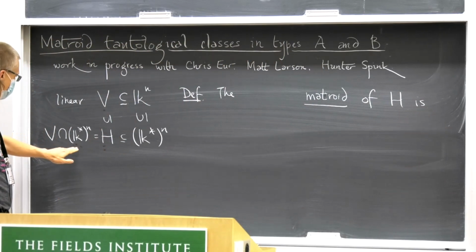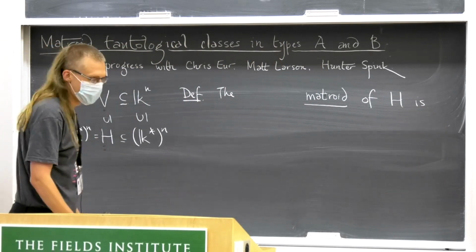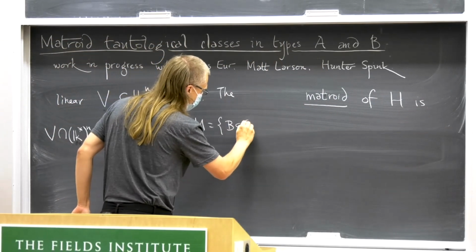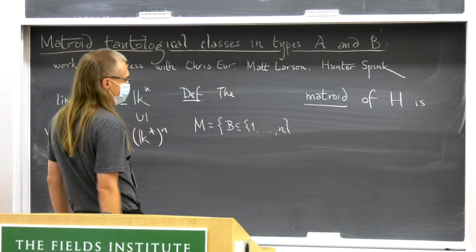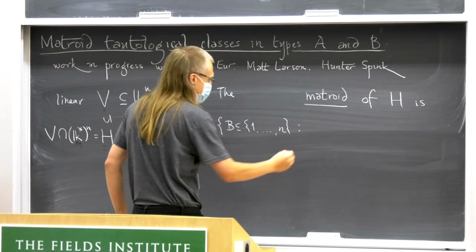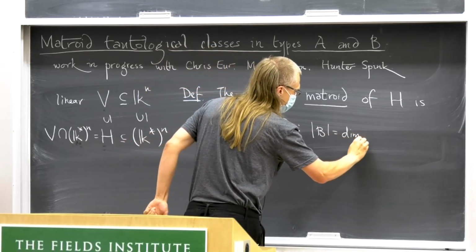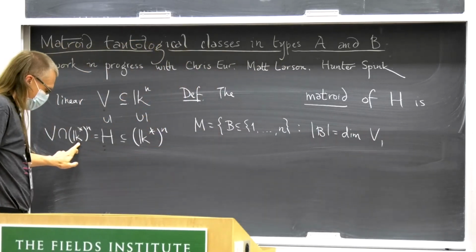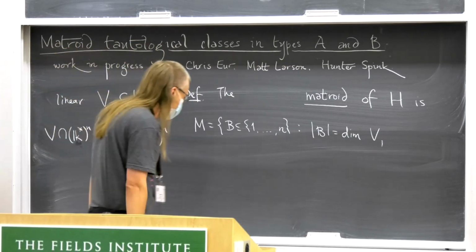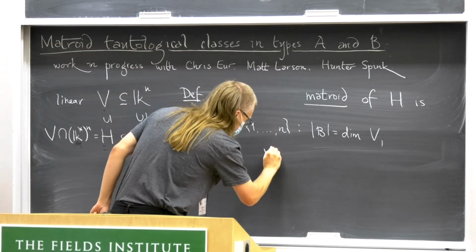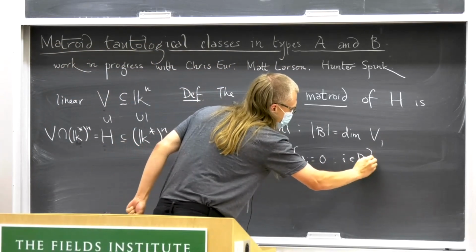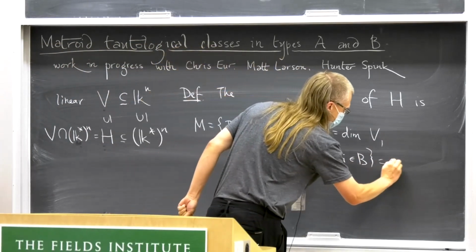It tells me how these coordinate hyperplanes intersect inside H. Let's call it M. It's the set of all subsets of indices of my coordinate hyperplanes, of the same size as the dimension of V, that index hyperplanes that intersect transversely. So if I take V and intersect it with the B-indexed hyperplanes, I get 0.